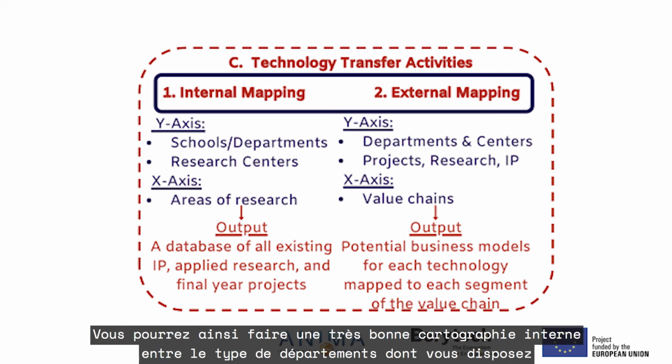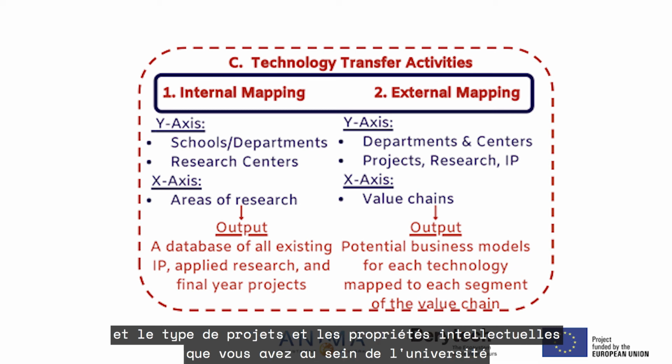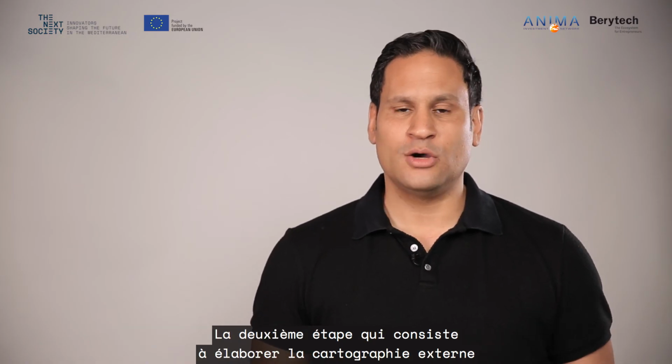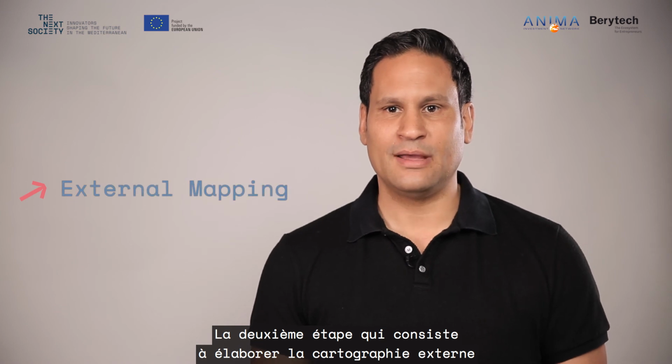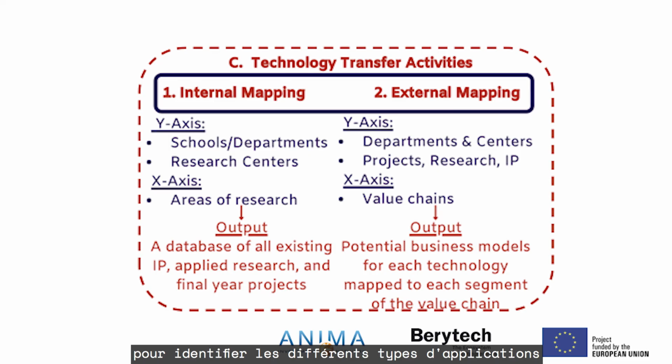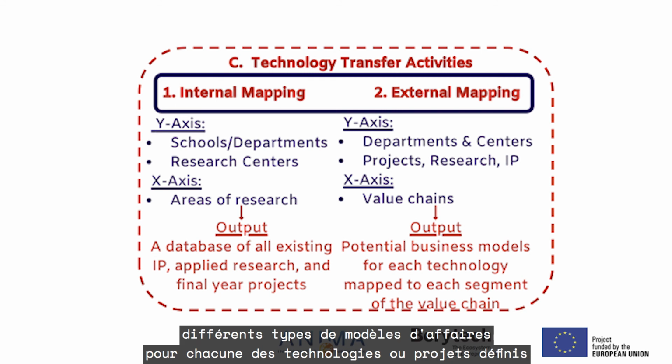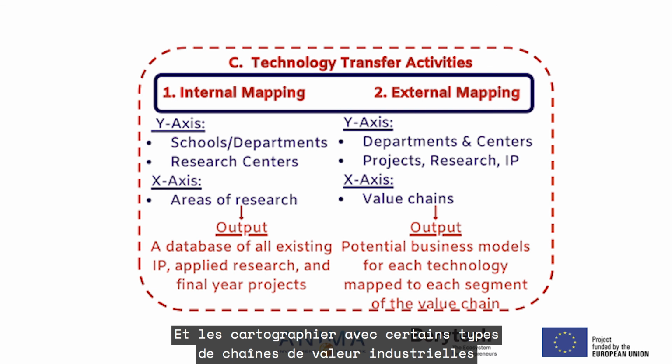And in that way, you're able to do a very good internal mapping between the departments that you have and the projects and intellectual property that you have inside the university. Step number 2 is to do the external mapping, which is to identify various types of applications, various types of business models for each of the identified technologies or projects, and to map them to some kind of an industrial value chain.